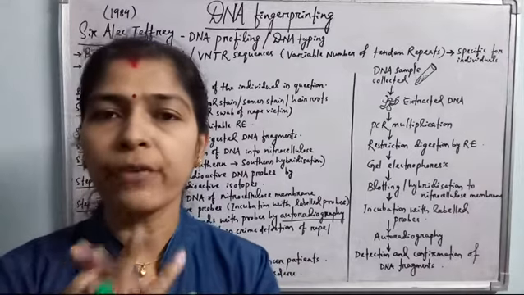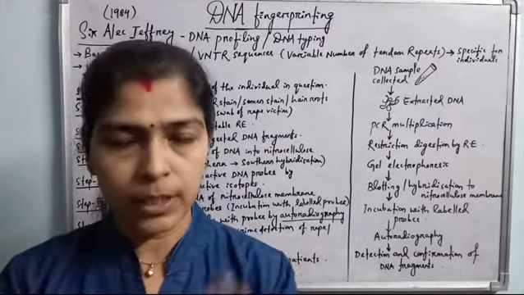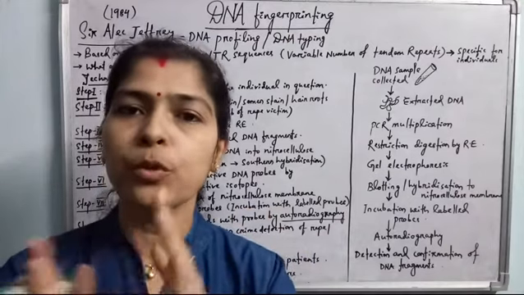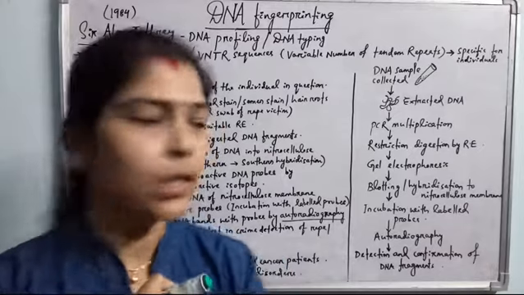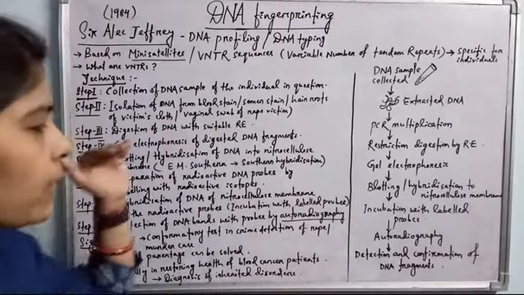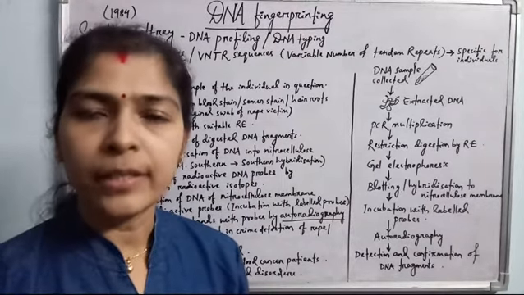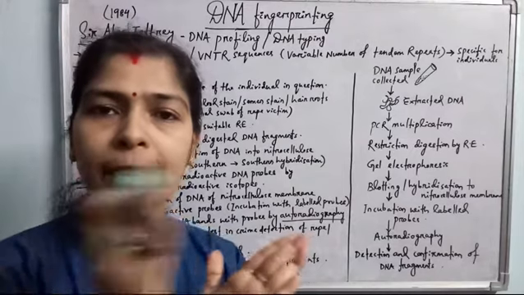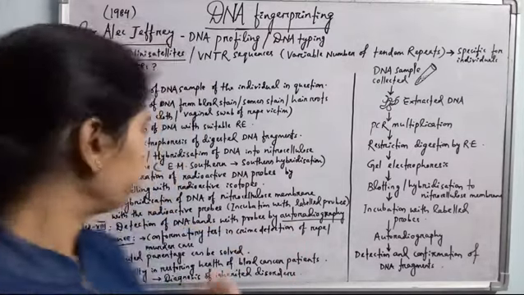So we have to find out if any radio labeled DNA probe is complementary to any of the DNA present on the nitrocellulose membrane, to find the real criminal. This is the incubation with the labeled probes, by which the nitrocellulose membranes are dipped into solution, and if any complementary DNA is there, then the DNA probes get attached to the single stranded DNA present on the nitrocellulose membranes.